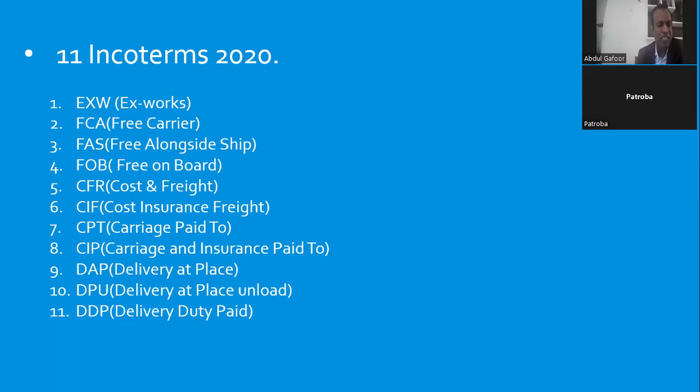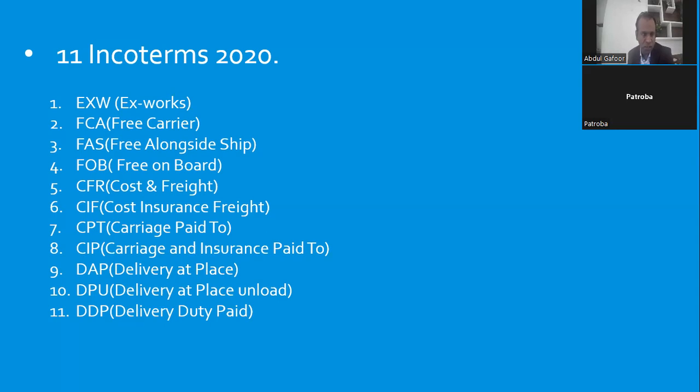For example, if it is steel or other items, or some wood, cotton, that type of thing, most of the people are not doing the insurance. But if you think it is a high value item, or you think there may be some issue, then for your safe side the seller can do the insurance, because he is responsible to deliver till the destination, the warehouse or the nominated location.